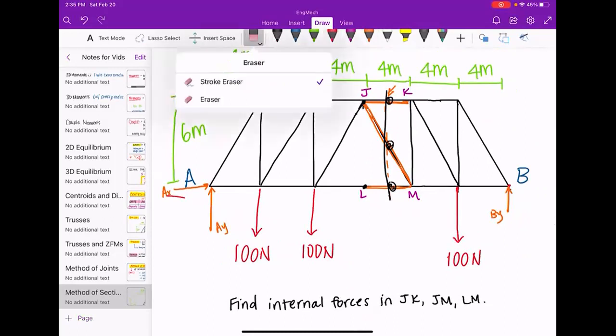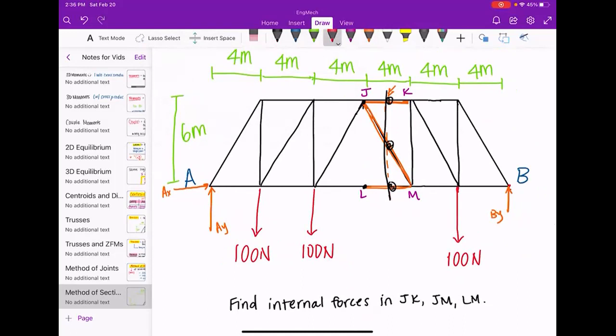So the important part to realize there is that if I'm only looking at, say, the right side of the truss, so like if I'm looking at this side, I only care about what BY is. So I can find that in one step by taking the moment about AY. And then these get canceled out and I'm left with BY, which is just a simple equilibrium problem to solve.